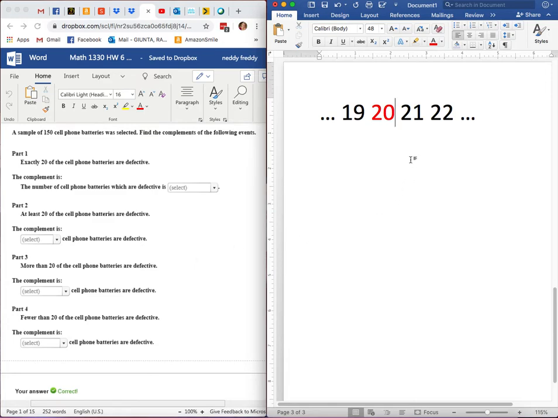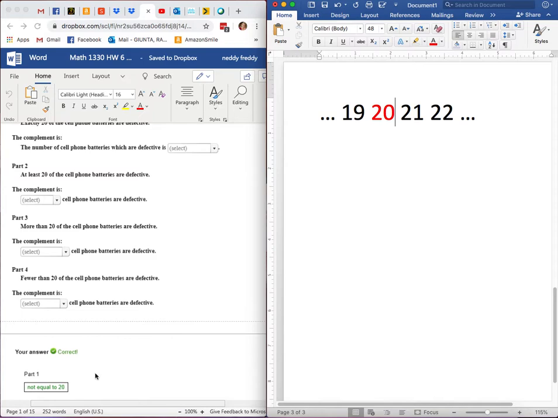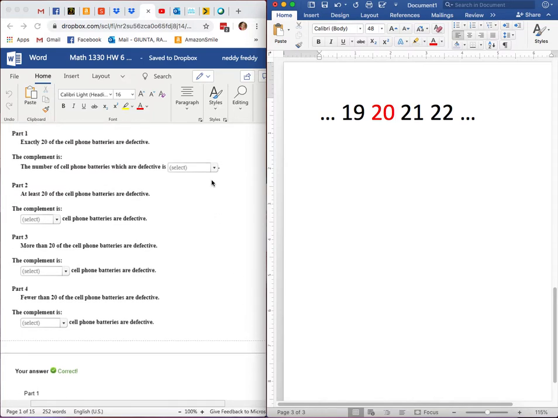In this case, it has to be not equal to 20 because more than 20 only includes the numbers that are more than 20, and less than 20 only includes these, but not equal to 20 would include all of these and all of these, so we want whatever would cover every number except 20. So that first one is here, not equal to 20.